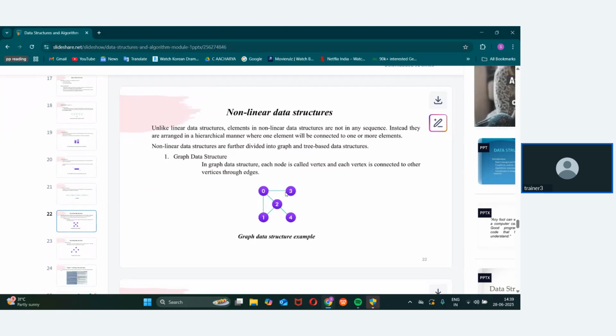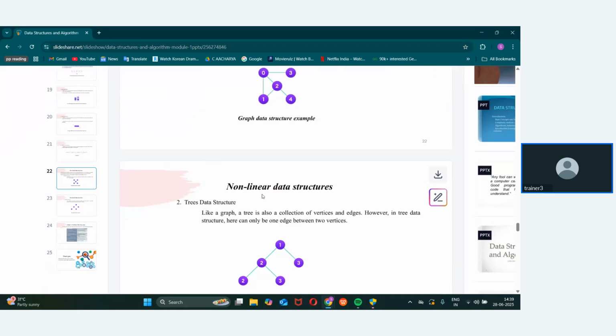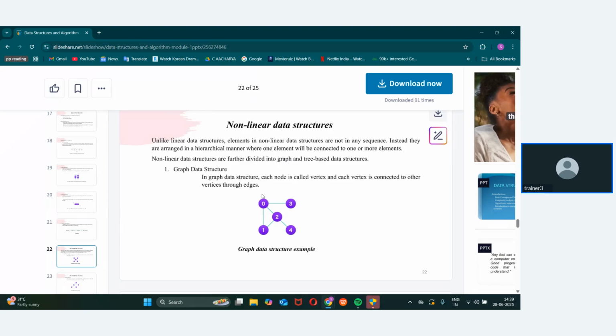We call these edges, and these elements nodes or vertices. You can have a look at them for a minute and then we'll continue.